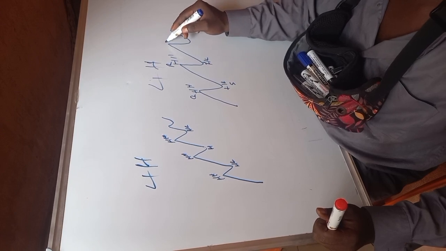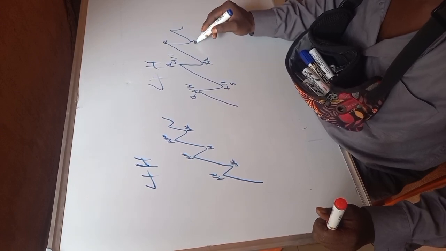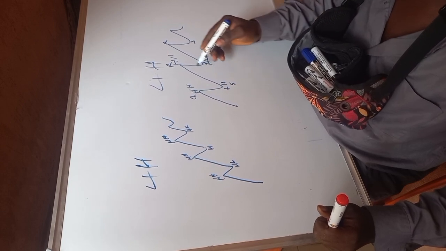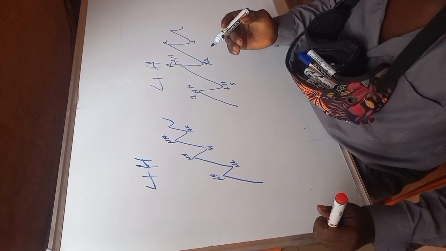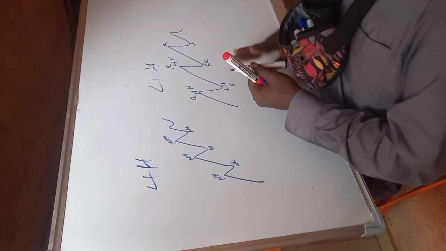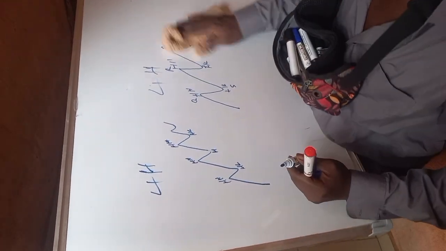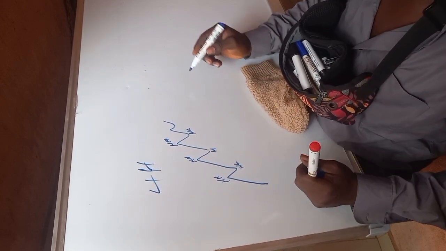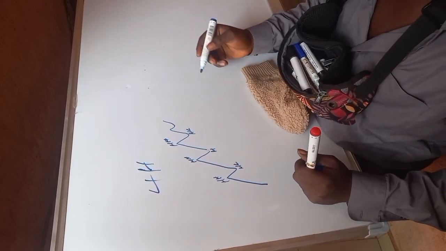Do you understand? When the market is making this structure, you know that the market is trending up. So your main target here is to identify the support zone and resistance zone.